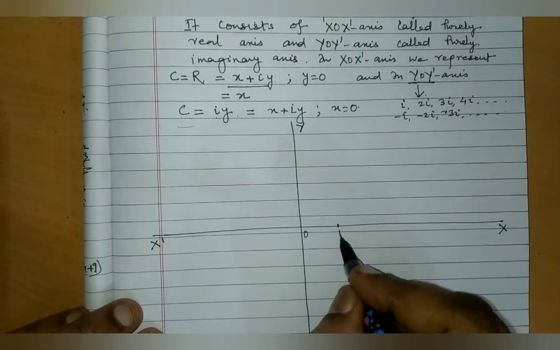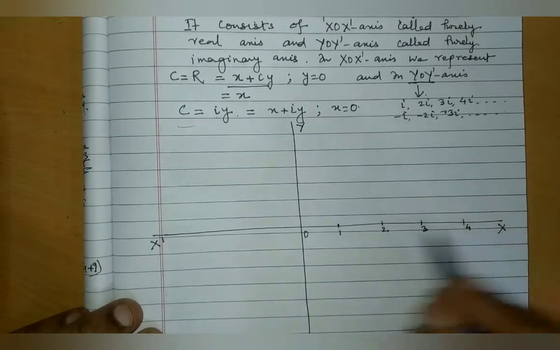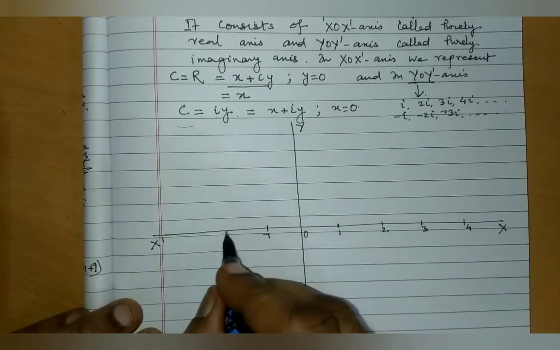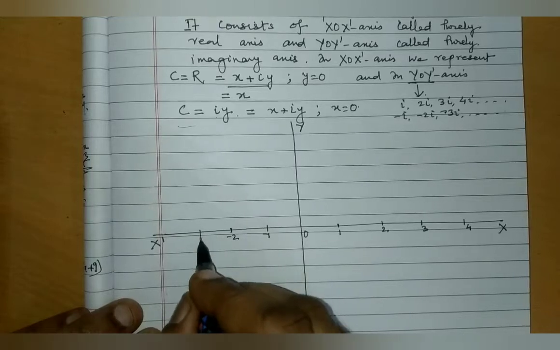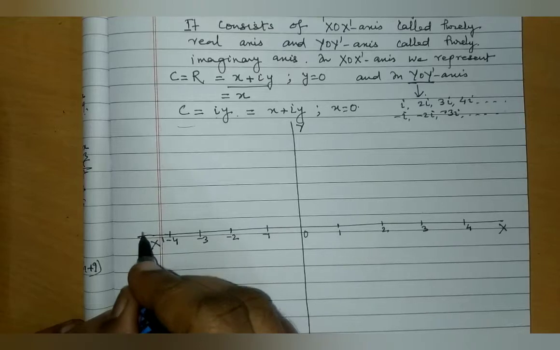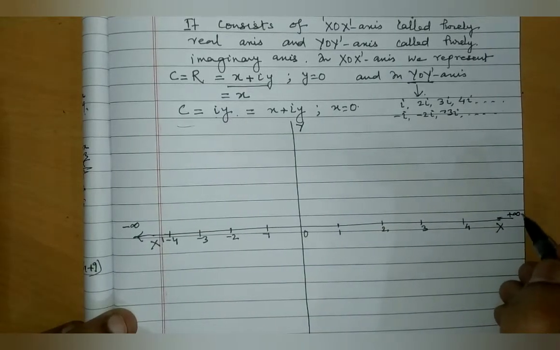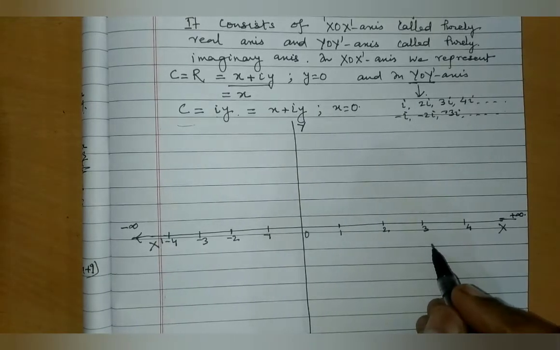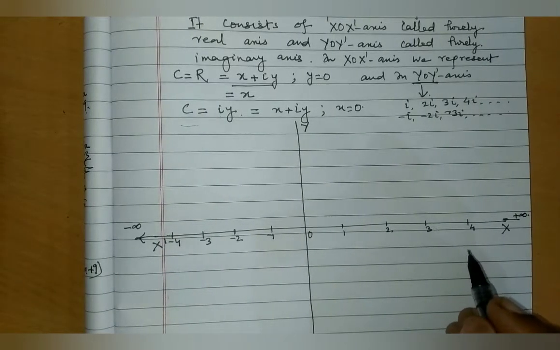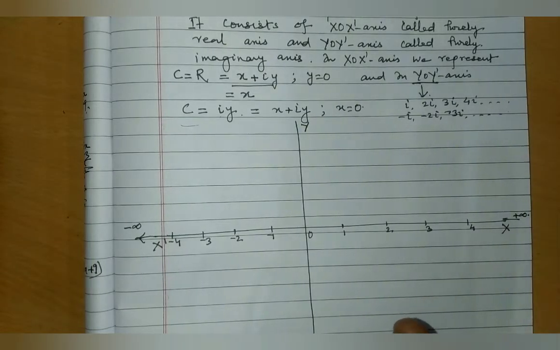So here I am taking 1, 2, 3, 4, and so on, minus 1, minus 2, minus 3, minus 4, and so on. So this lies between minus infinity to plus infinity. So all the numbers lying between minus infinity and plus infinity are real numbers, and all the real numbers are also complex numbers because they can be expressed in the form of x plus iy.